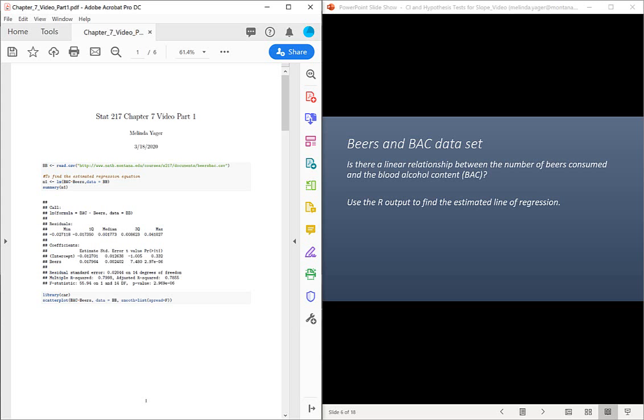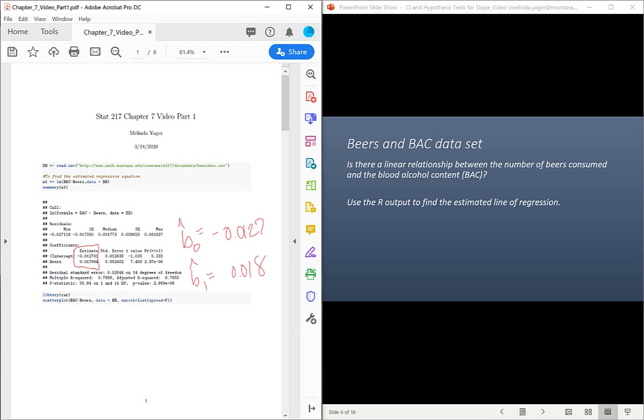First, we'll use the R output to identify the estimated line of regression. So remember, we get our estimates from the R output here. So the estimate for the intercept is negative 0.0127. The estimate for the slope is 0.018.